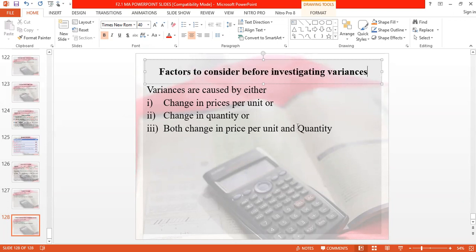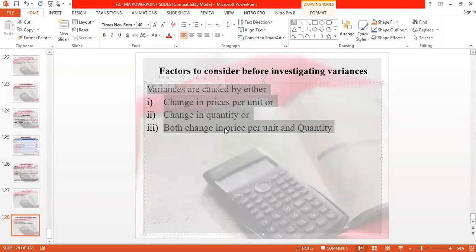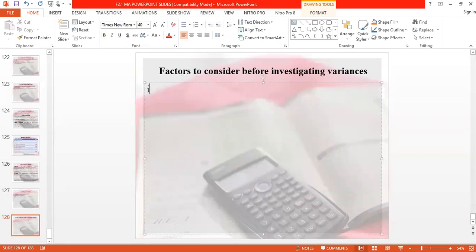Remember, when there is a variance, you must investigate what caused it. Maybe we had budgeted to make sales of 10 million and you actually made sales of 8 million. You must carry out an investigation to find out what caused the variance so that next time you can improve on your performance.